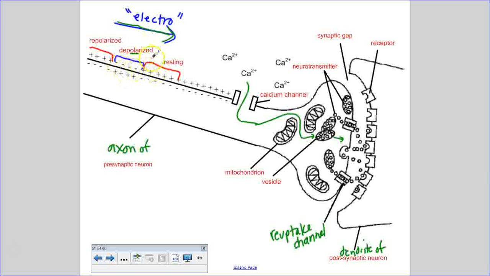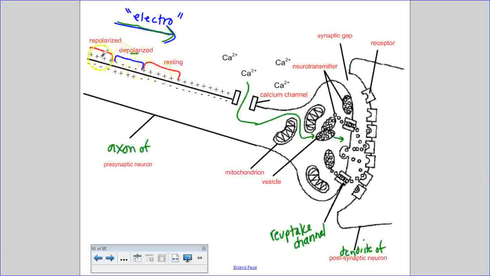Okay, so ahead of that wave of depolarization, the neuron would be resting, waiting for the message to come along. So right ahead of it, this region here would be resting. So it's positive on the outside, negative on the inside, and the ions are on the right sides. Okay, so lots of sodium on the outside and potassium on the inside.